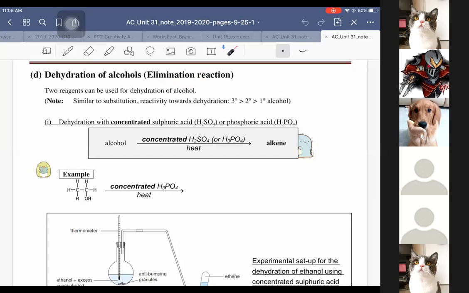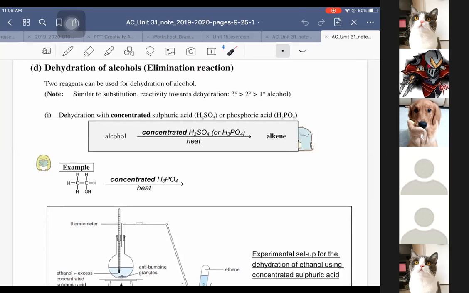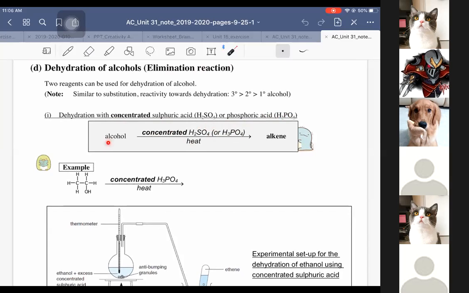For this type of reaction, we can use two kinds of catalysts. The first type, we may use concentrated sulfuric acid or phosphoric acid. By using those catalysts, we will be able to turn alcohol into alkene. Take a look at the example here. We have ethanol here.